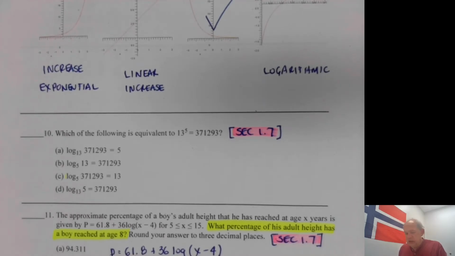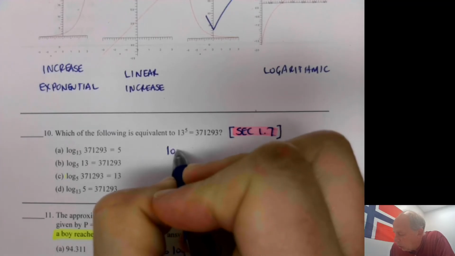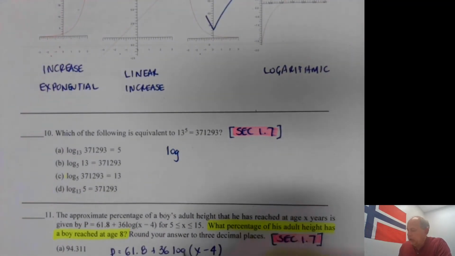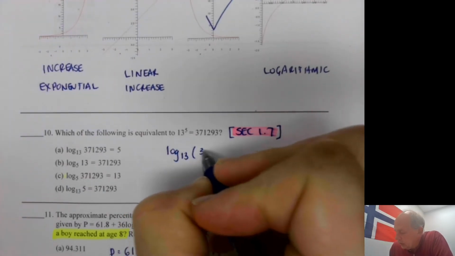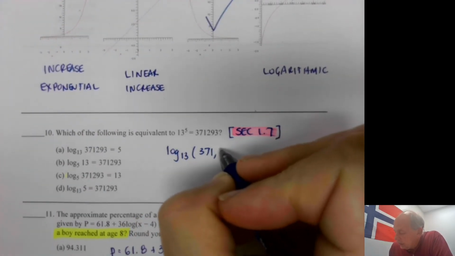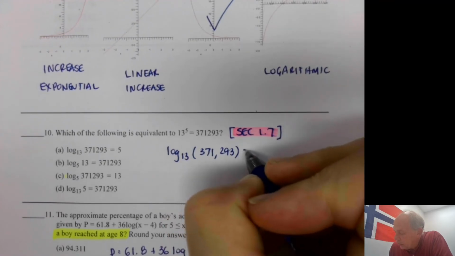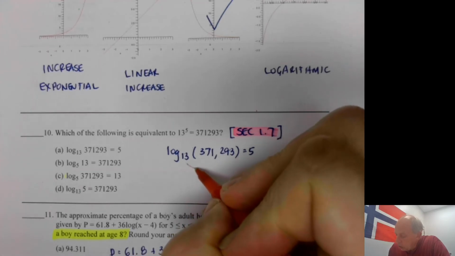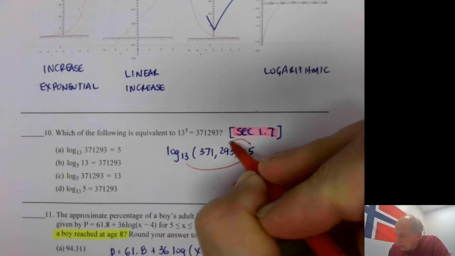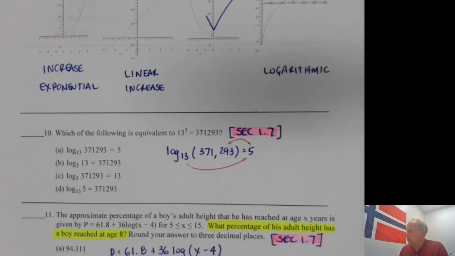We have an exponential expression that we want to convert into a logarithm. So there's my logarithm. My base is 13, 371,293 equal to 5. So remember, logarithms are just another way of writing out an exponent expression.